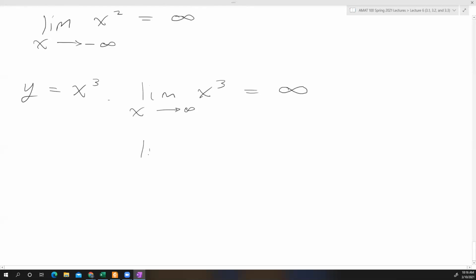But this is a little bit different. What about when x goes to negative infinity? This time we have to worry about the sign, because when you cube a negative number, you get a negative number back. So when x goes to negative infinity, you're getting, quote unquote, bigger negative numbers, although that doesn't quite make sense.